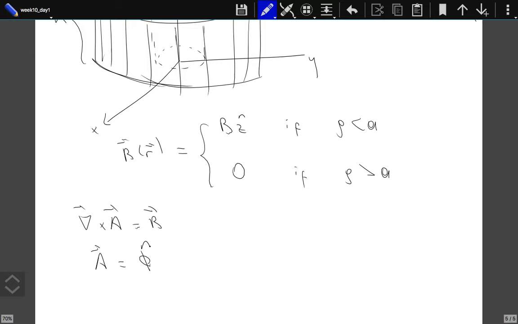Well, my problem has rotational symmetry for rotations around the z-axis, and also translational symmetry along the z-axis. So that basically tells me that the magnitude of the vector potential can only depend on rho and not on anything else. Now, furthermore, since the curl of A is equal to B, I can just integrate this over some surface.